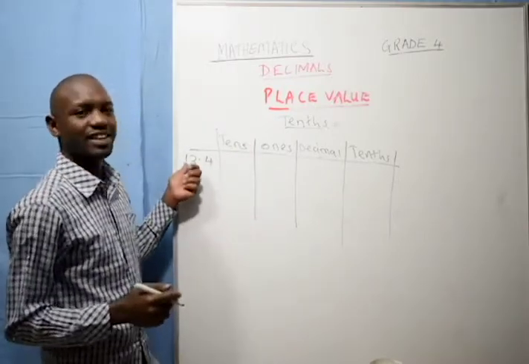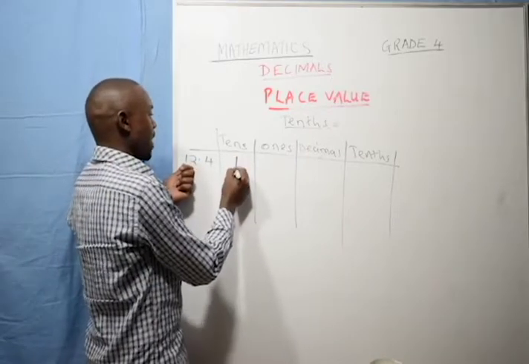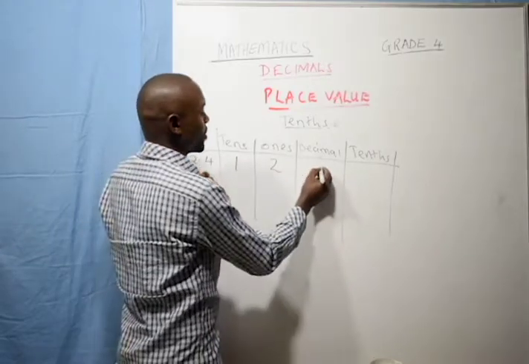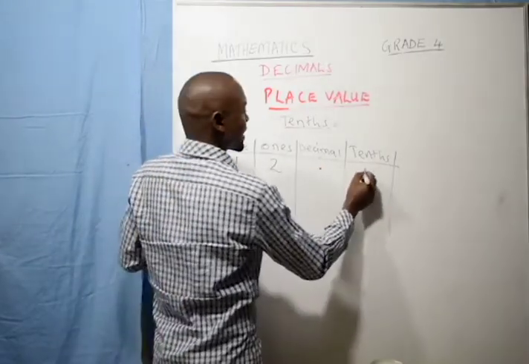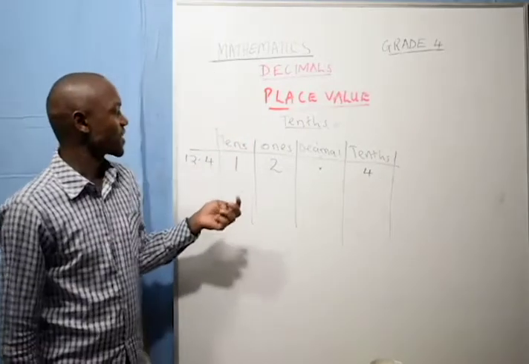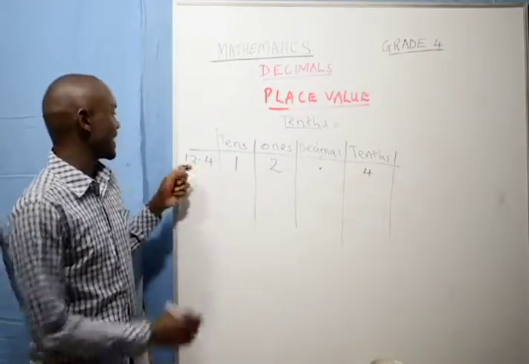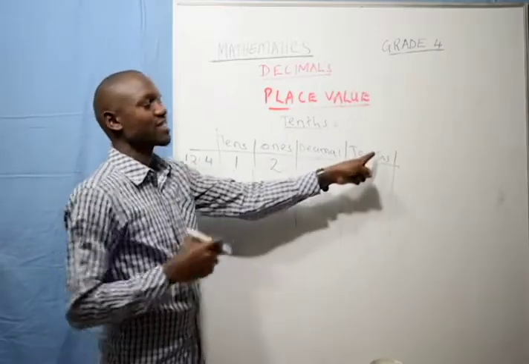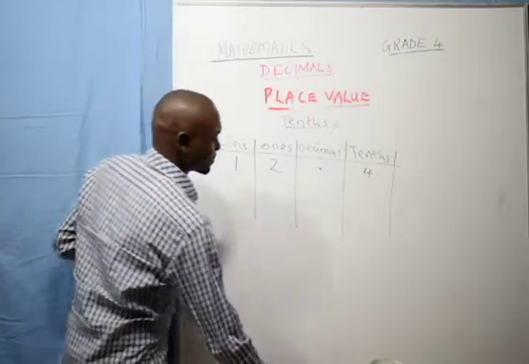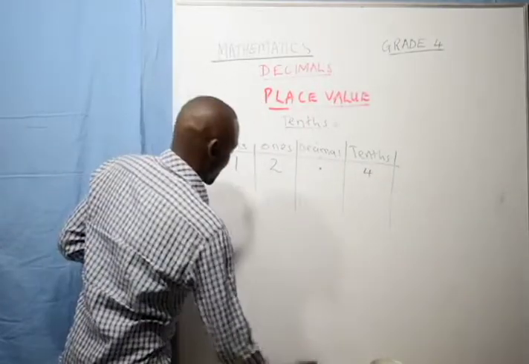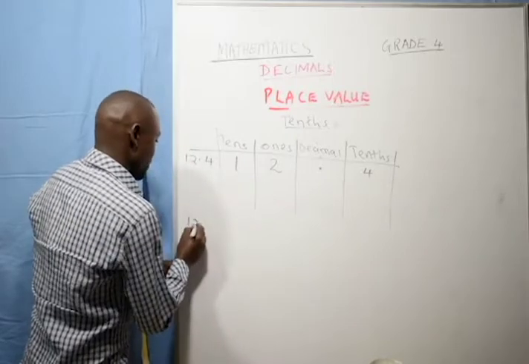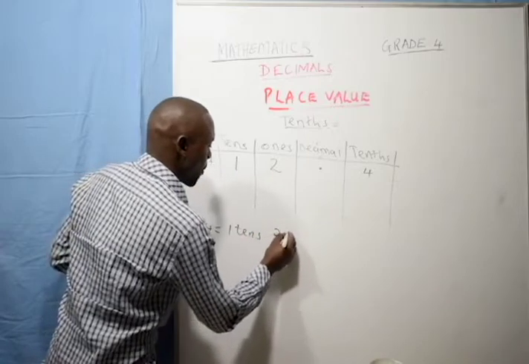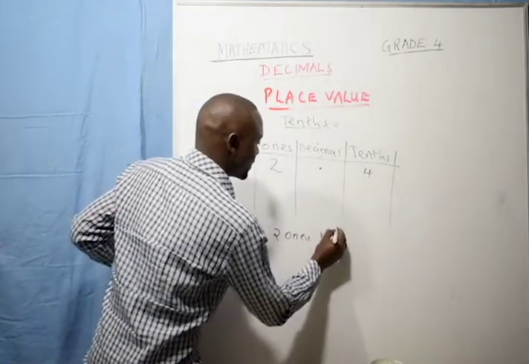Which digit will be in the tens place value here? This is 1. The ones place value will be 2. Then we have the decimal, and the first digit after it, in the tens place value, will be 4. So 12.4 is read as 1 tens, 2 ones, and 4 tens.